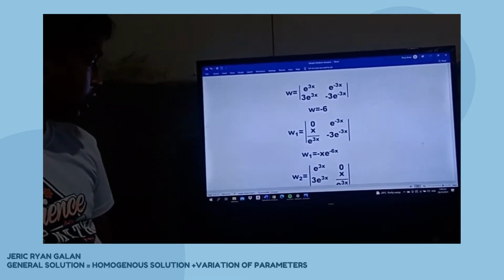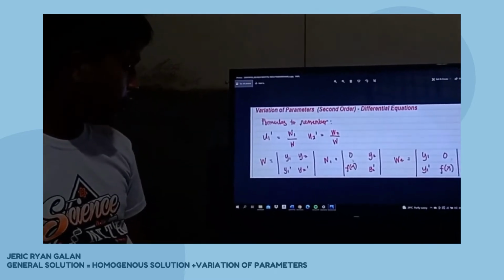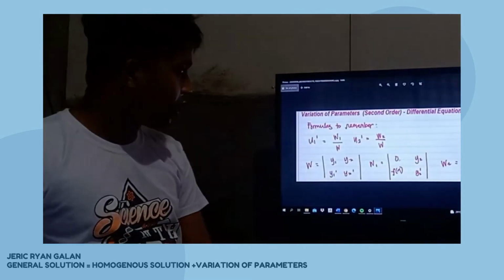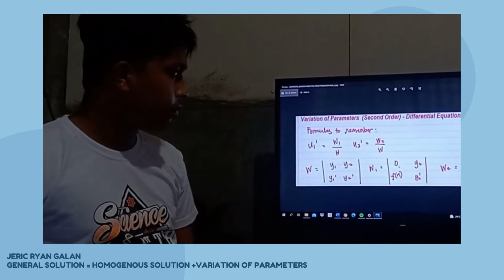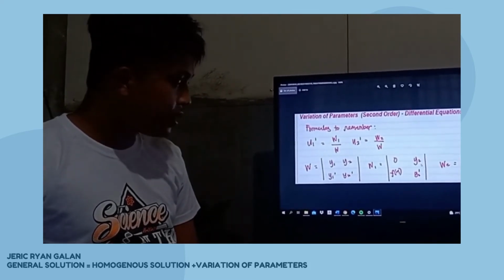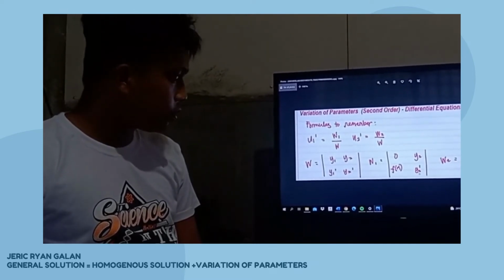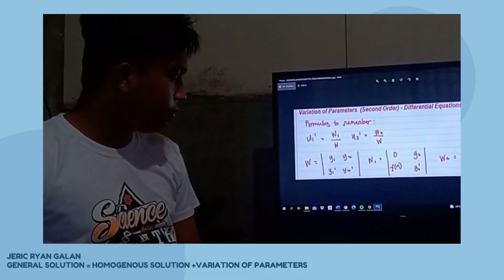So ang Wronski niyo equals to negative 6. So sa sunod, ang Wronski sub 1, ang gamit nimo na equation or formula. So 0 ang y sub 2 nimo, tapos ang f of x which is katong equals to 0, tapos y sub 2 derivative.